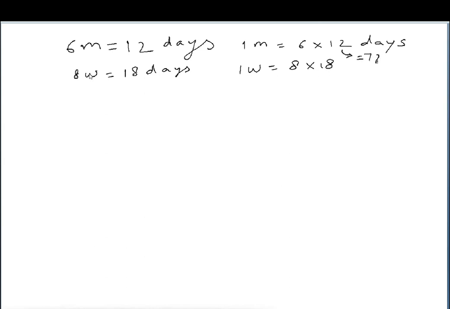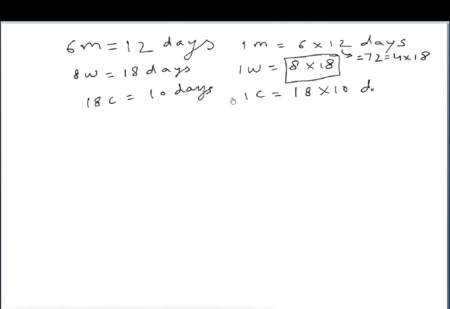And then we are rearranging the first one. One man will do it in 72 days. So 72 can be written as 4 into 18, because 18 is the common factor between all these individuals. So one child will complete the work in 180 days, 18 into 10.